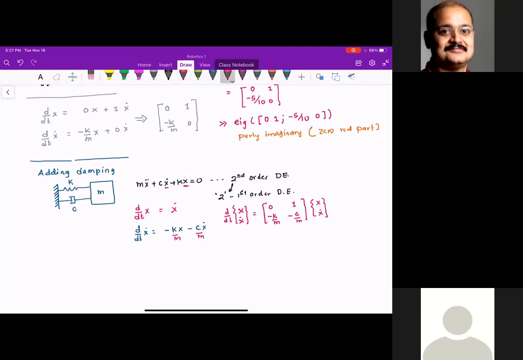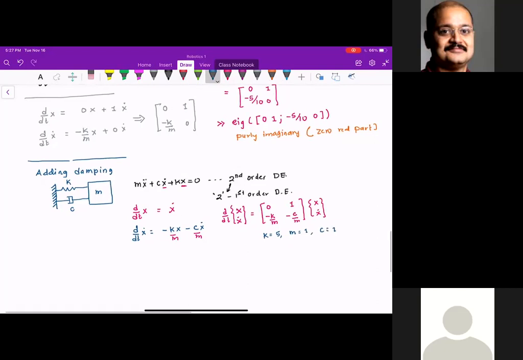And if you are at MATLAB, I would encourage you to substitute some values. Say k is equal to 5, m is equal to 1, and c is equal to 1. You will notice that the eigenvalues will have negative real parts.